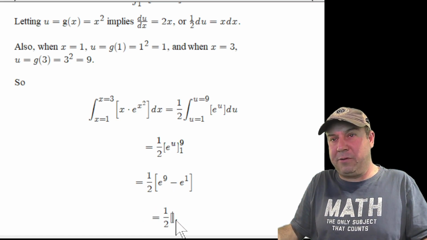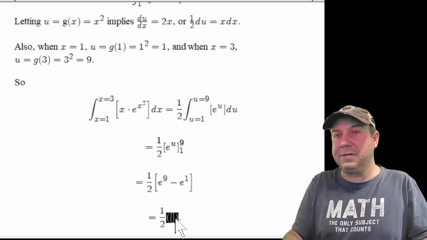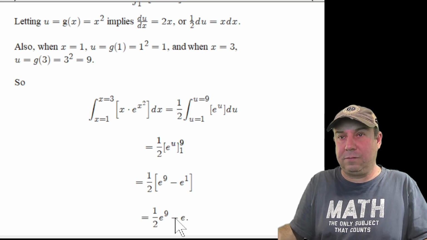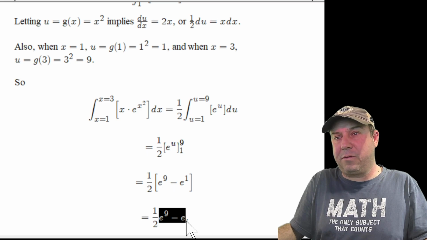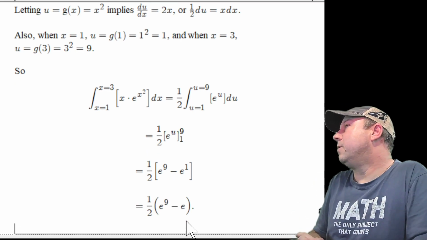I don't know why I'm using brackets at the end here. Let me throw that into a set of parentheses in the end. All right.